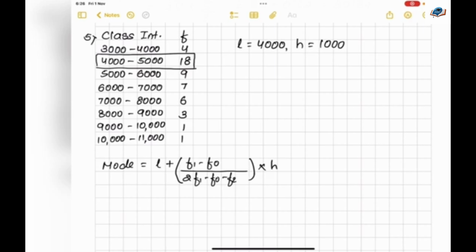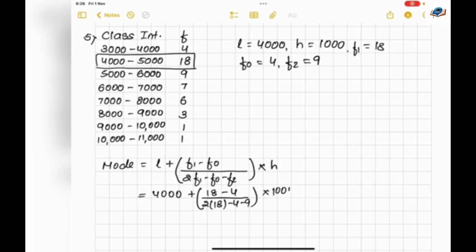Difference between the class interval. F1 is 18, F0 will be 4, and F2 will be 9. So putting the values, 4000 plus (18 minus 4) upon (2 into 18 minus 4 minus 9) into 1000. So this is coming as 4000 plus 14 upon (36 minus 13) into 1000.